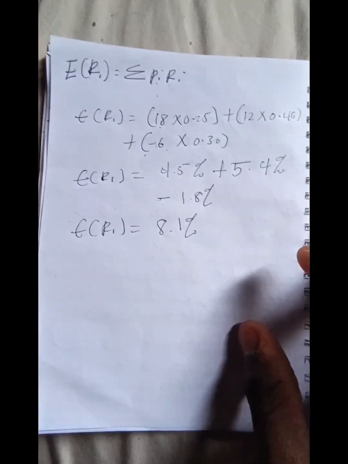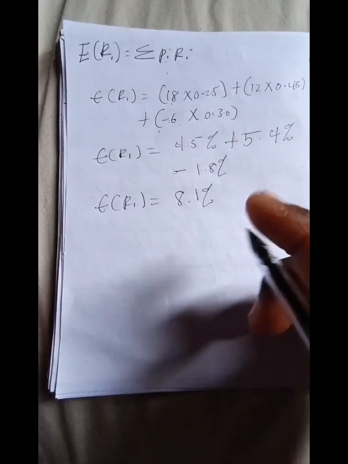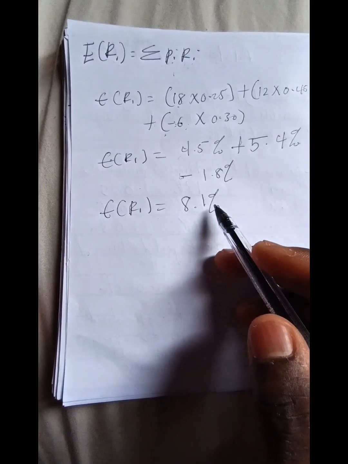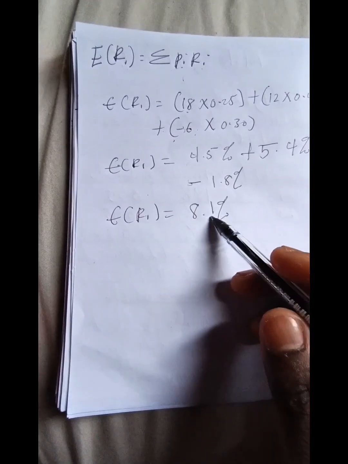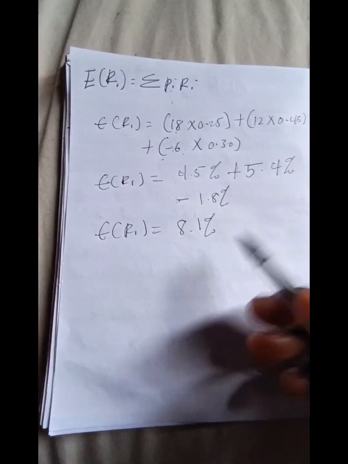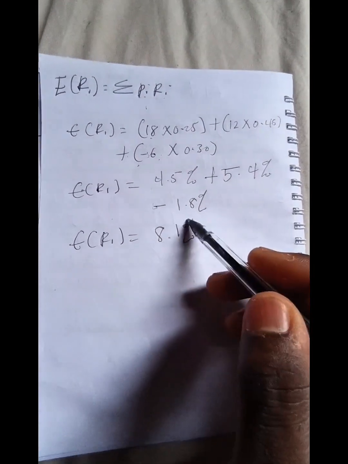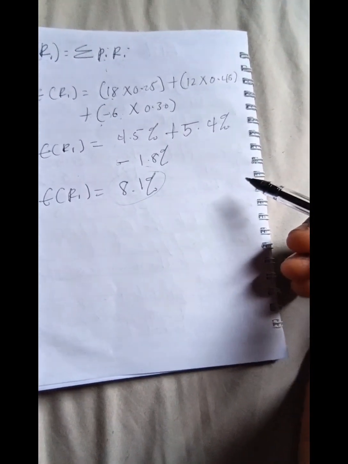That means if an investor should invest in a security in that economy over those 3 states, the investor should expect an average of 8.1% return on their investment. On average, over the course of several investments, the investor should expect an average of 8.1% of their initial investment.